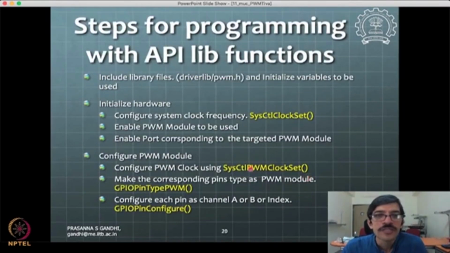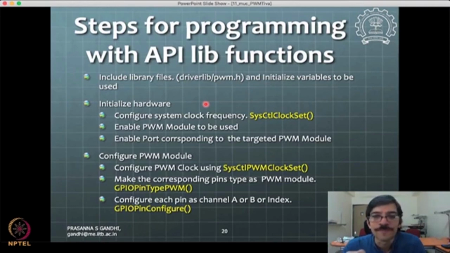So these are the typical steps for the programming with library functions. You need to make sure that these header files are there in the library. In the driver library you will have pwm.h and pwm.c files, and they'll initialize a lot of variables that are needed for this.